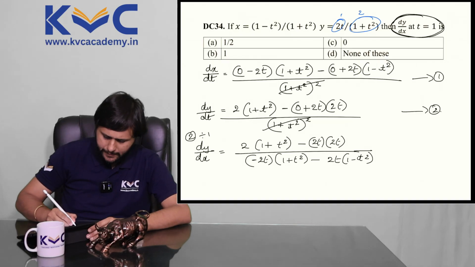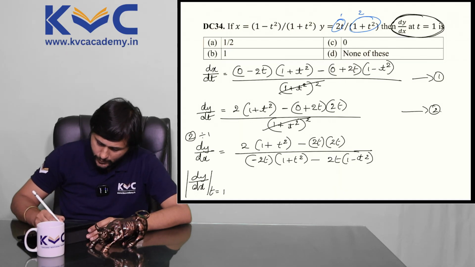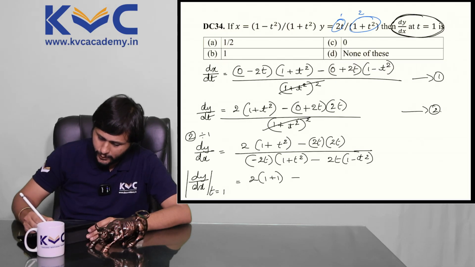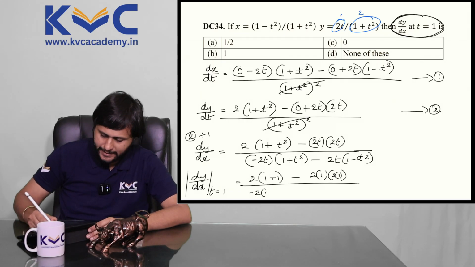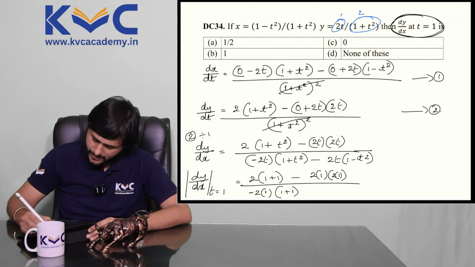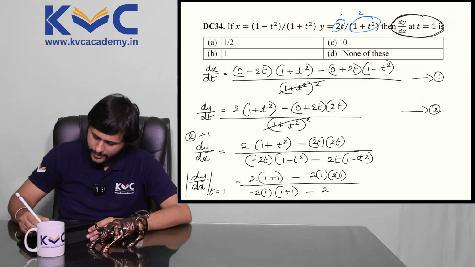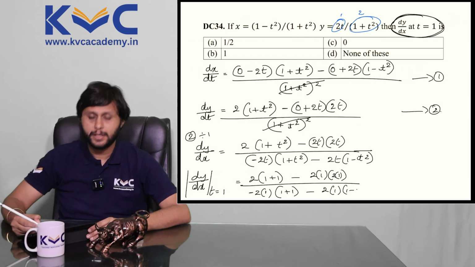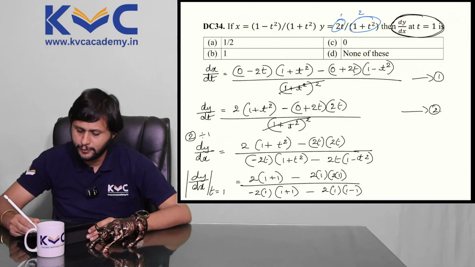Last step, dy by dx at t equal to 1. Substituting the value t equal to 1, 2 into 1 plus 1 square is 1 minus 2 into 1, 2 into 1, all divided by minus 2 into 1, 1 plus 1, then we have minus 2 into 1, 1 minus 1. Numerator now: 2 into 2, we have 4, minus 2 into 2, again we have 4.